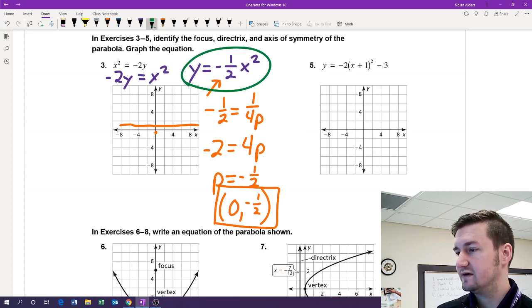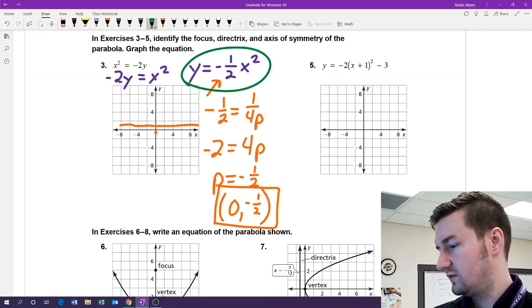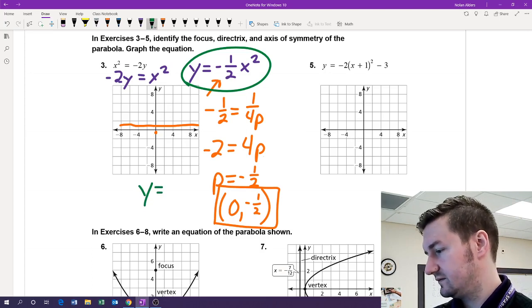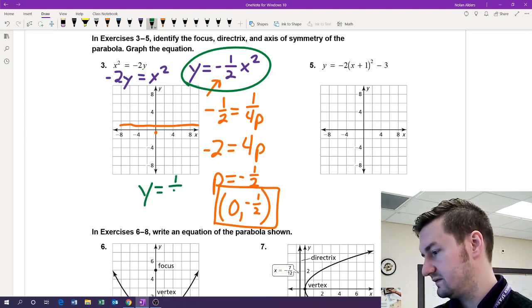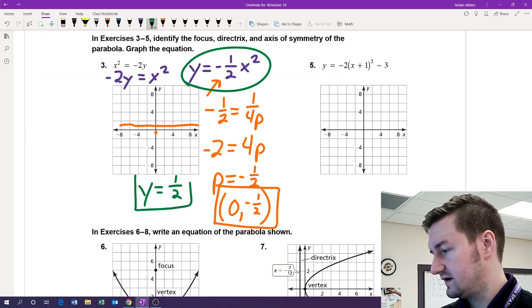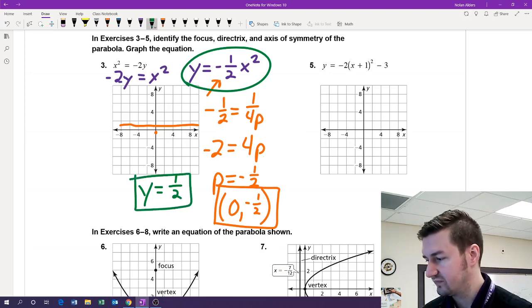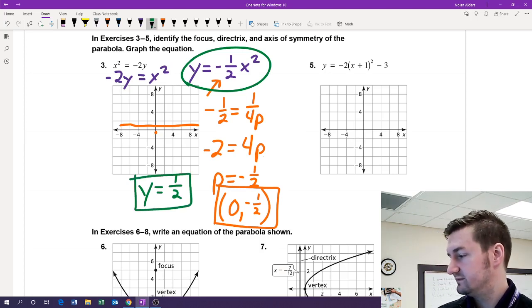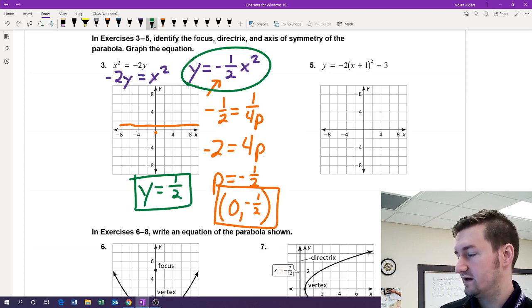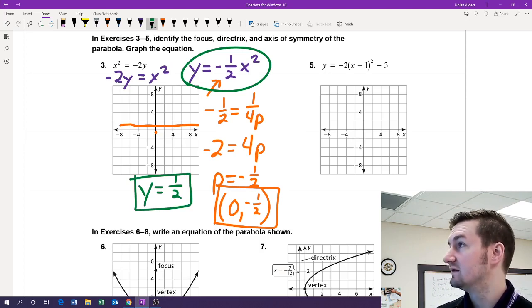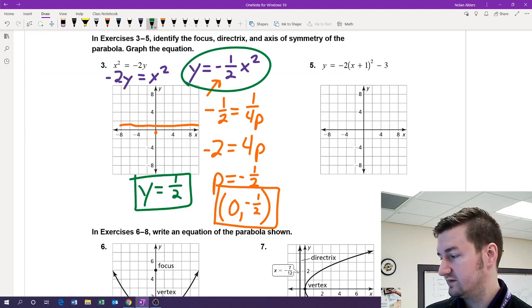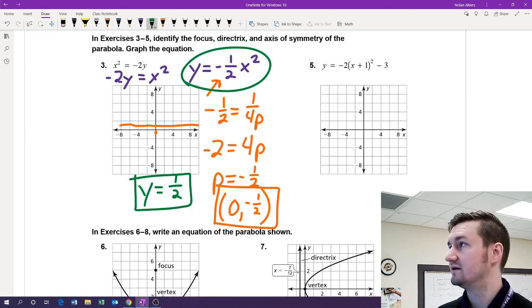Anyway, our directrix is the same distance up above, so we could say that our directrix is going to be y equals +1/2. So that's our directrix. So if our focus is 0, -1/2, then our directrix is y equals +1/2.